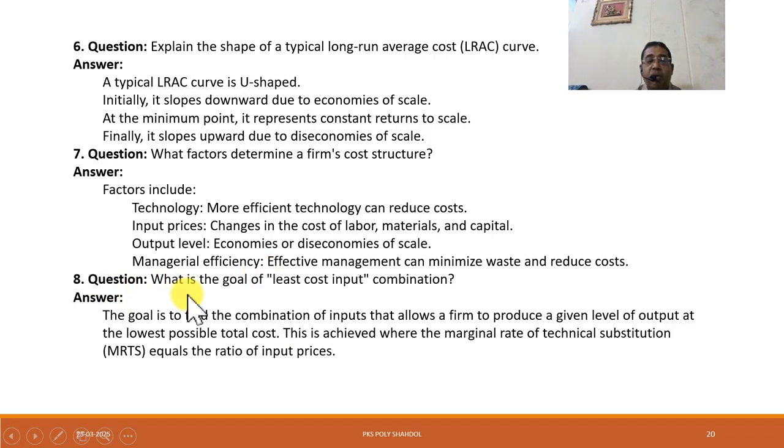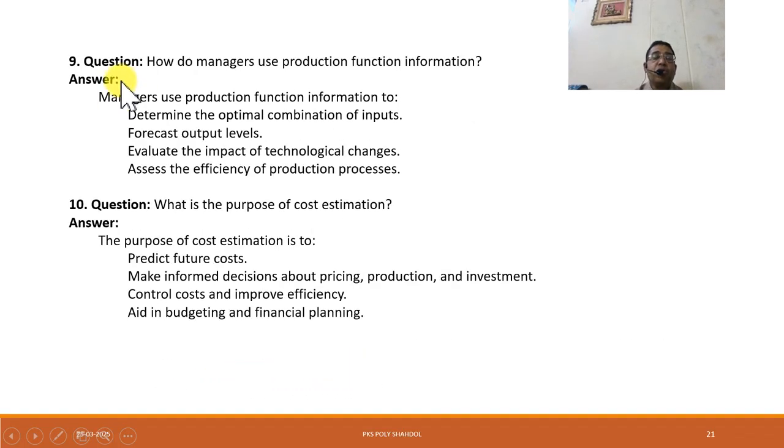Question number 8, what is the goal of least cost input combination? The goal is to find the combination of inputs that allows a firm to produce a given level of output at the lowest possible total cost. This is achieved where the marginal rate of technical substitution equals the ratio of input prices. Question number 9, how do managers use production function information?